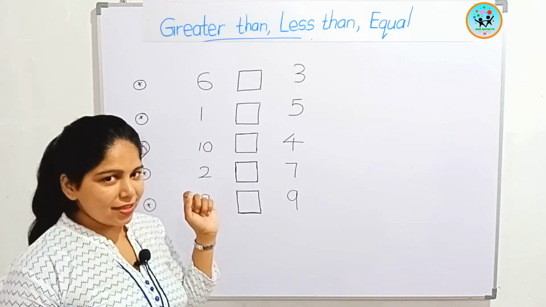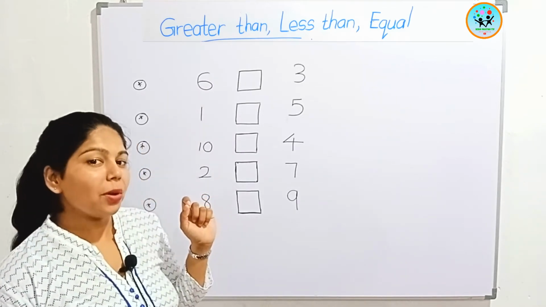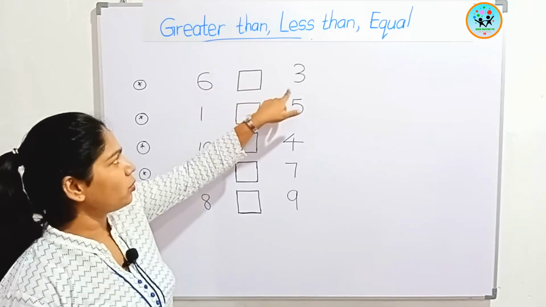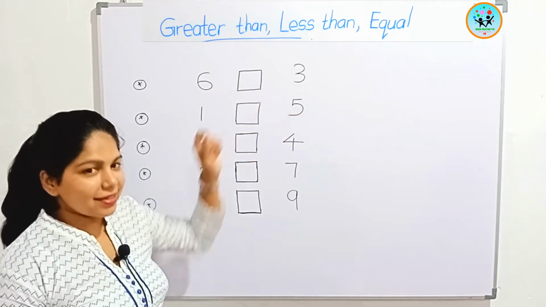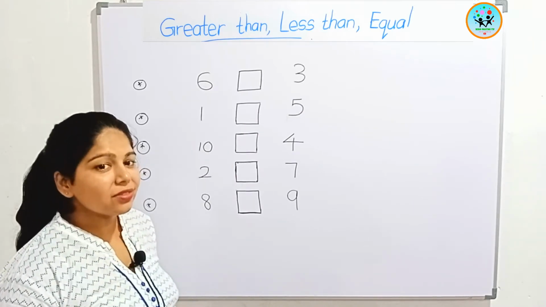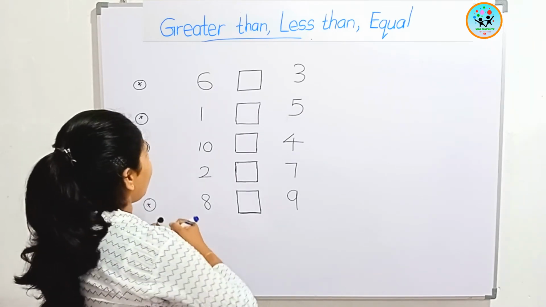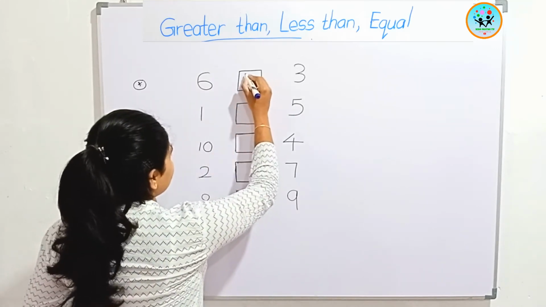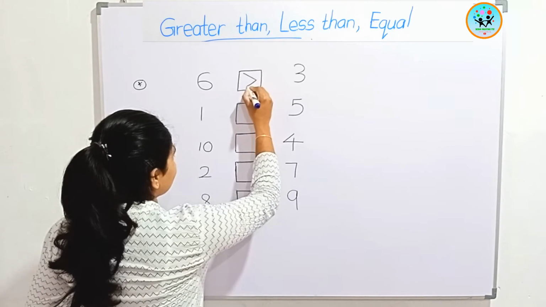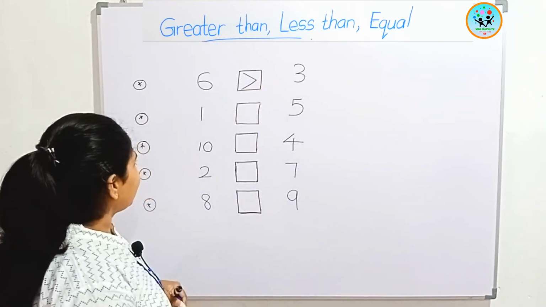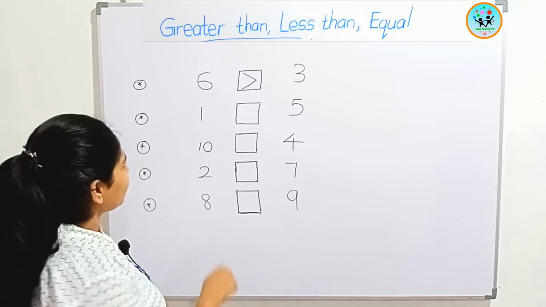Tell me, students, which number is greater, either 6 or 3? Yes, very good. Number 6 is greater than 3. Open mouth of the symbol should be placed towards greater number, like this. Okay. Next example.